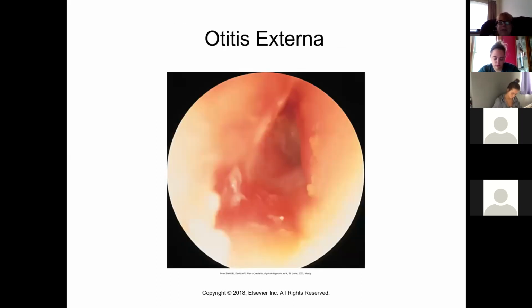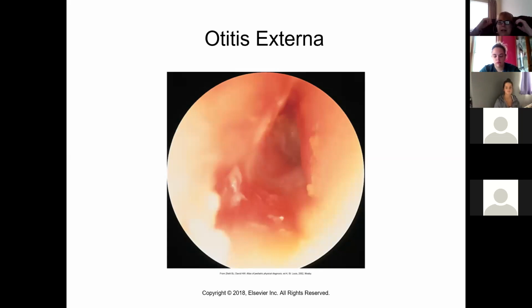Okay, so this is looking into an ear with an otoscope. That's the handheld thing that they put the attachment on the end, and it has a light. So this is what it looks like when there's inflammation in the outside of the ear. This could be swimmer's ear, this could be the start of an ear infection, it could even be a fungal infection possibly.